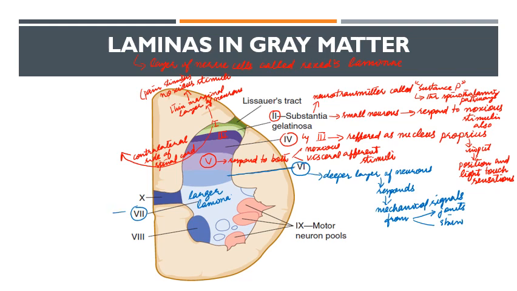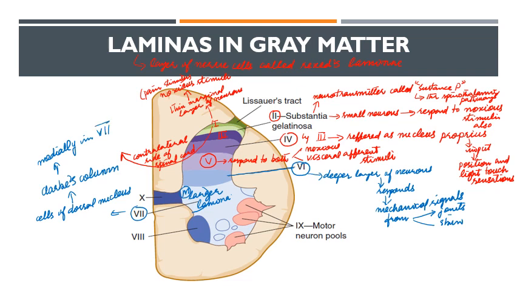This contains cells of dorsal nucleus, also called Clark's column, and it is present medially in the lamina 7.